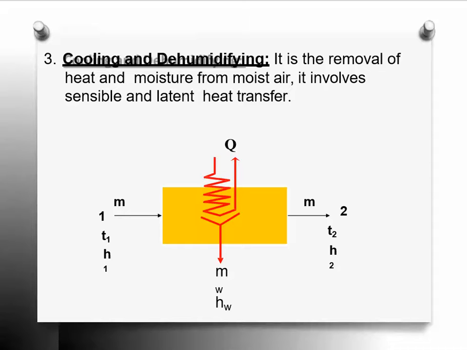It involves sensible and latent heat transfer. You can see in this figure that some quantity m, T and H enters from state 1 and goes to state 2, that is m2, where heat is removed from the system.